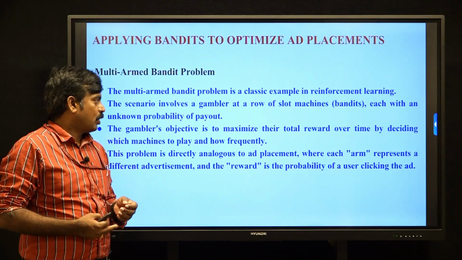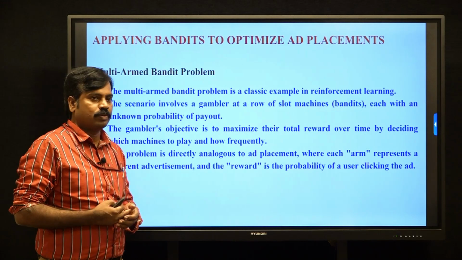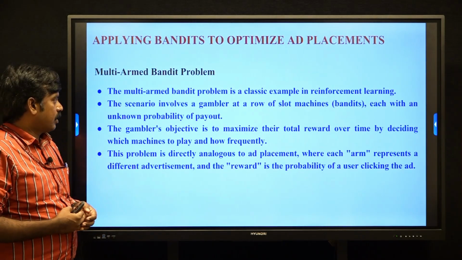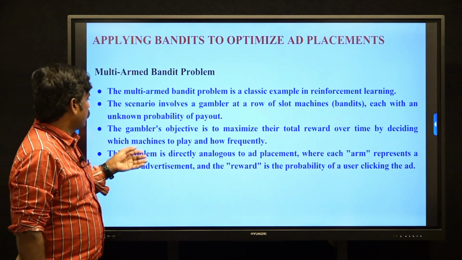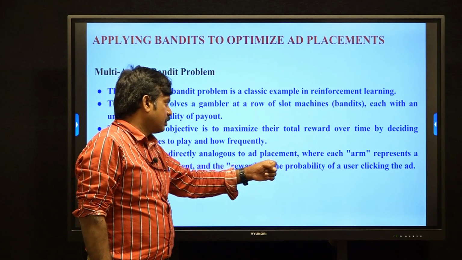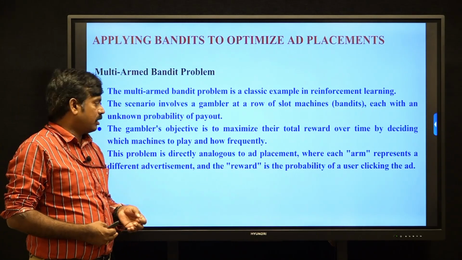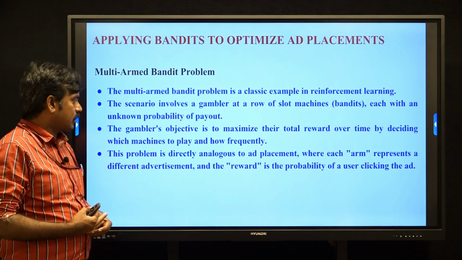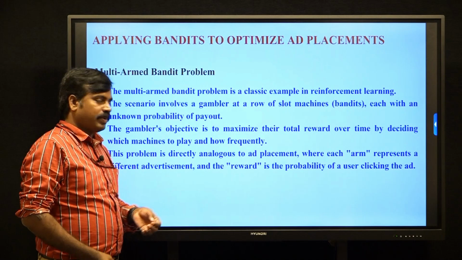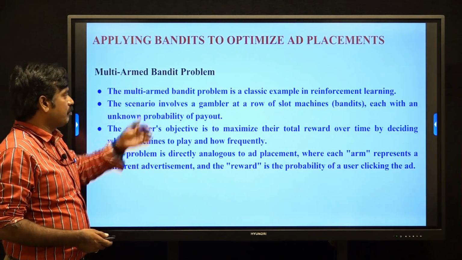The main objective of the multi-armed bandit problem is to maximize the cumulative reward. The same is applied to ad placement, to improve the number of clicks on the digital advertisements.